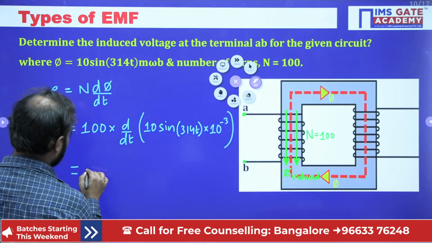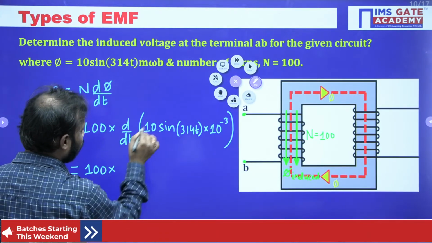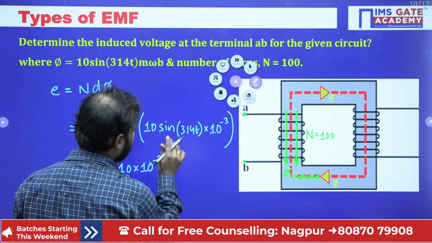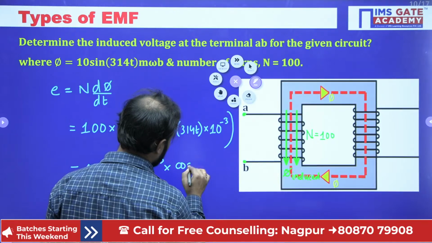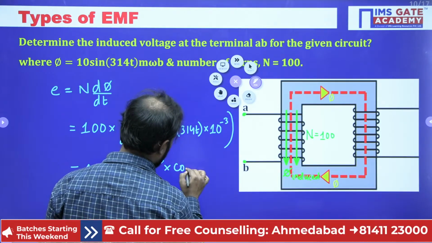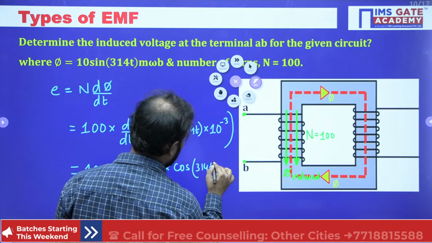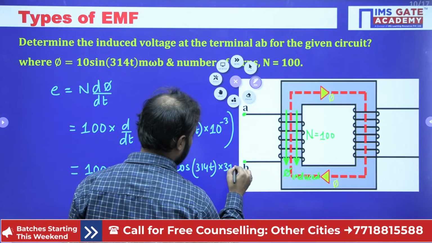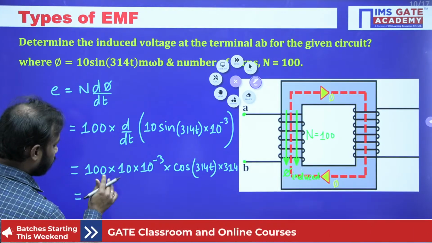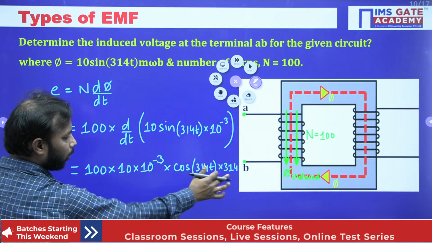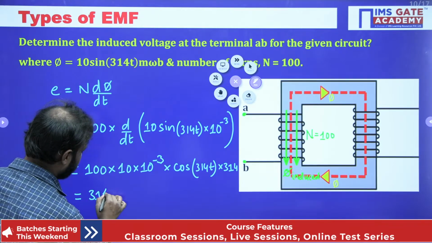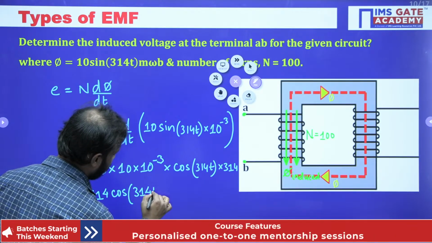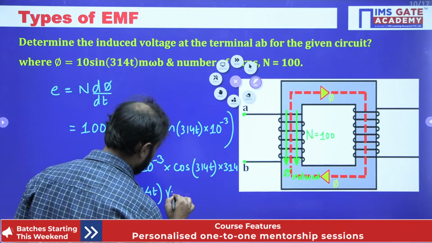So this becomes 100 into 10 into 10 to the power minus 3 into derivative of sine will be cos 314t into derivative of this, we will get 314. So this becomes 1000, 10 to the power minus 3 will be 1. So 314 cos 314t volt.